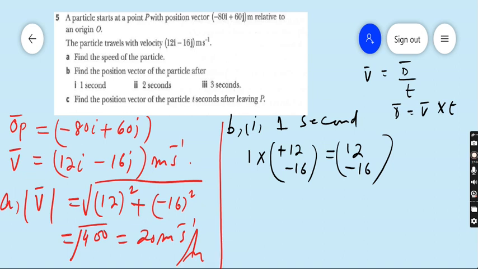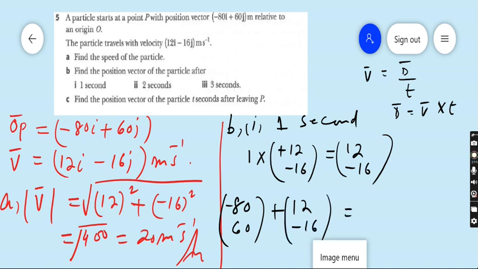Now the final position vector is, the initial is minus 80i and 60j, plus 12 minus 16, which is equal to minus 68 and 44, because minus 80 plus 12 is minus 68 and 60 minus 16 is 44.